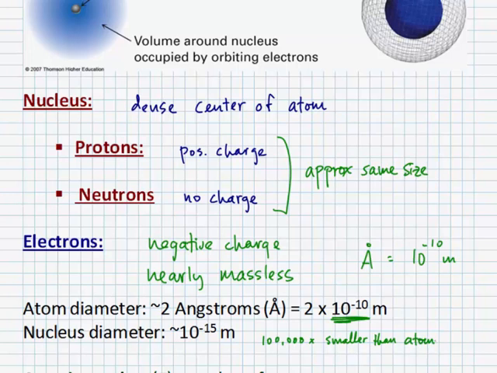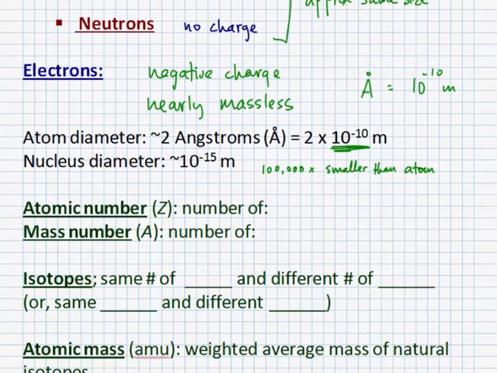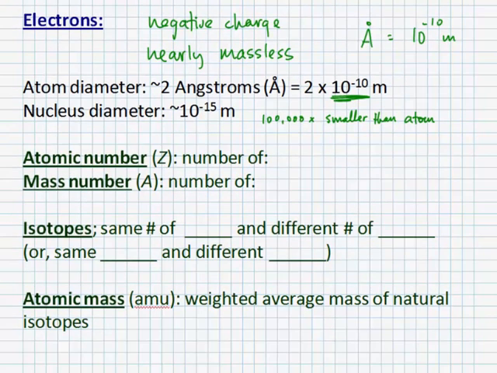So if I had a nucleus that was 1 meter across, like a beach ball, the whole atom would be 100,000 meters. So it gives you an idea of how tiny that nucleus is, and especially when you consider almost all of the mass of the atom is contained within that tiny little nucleus.